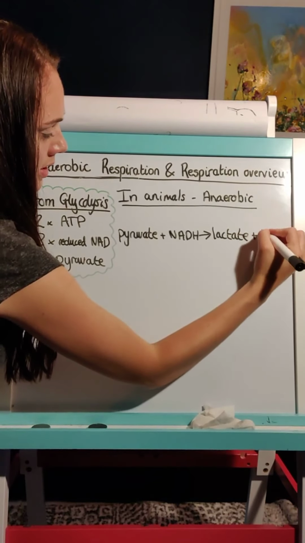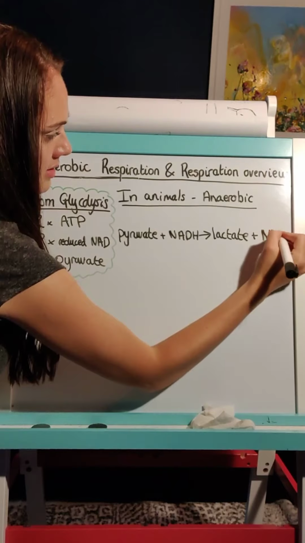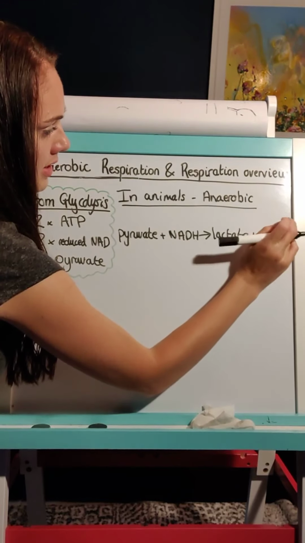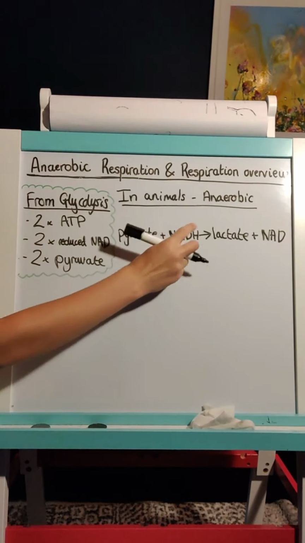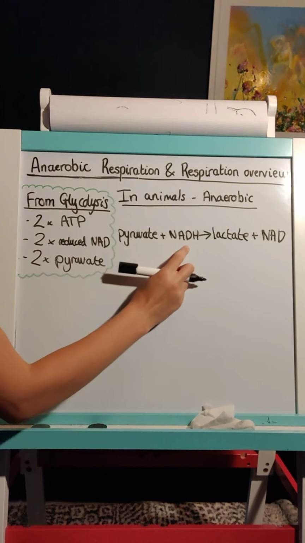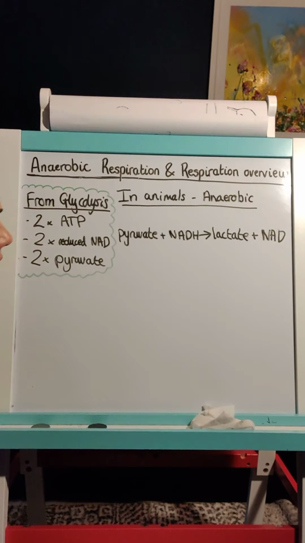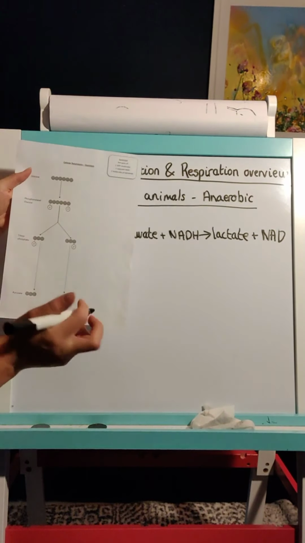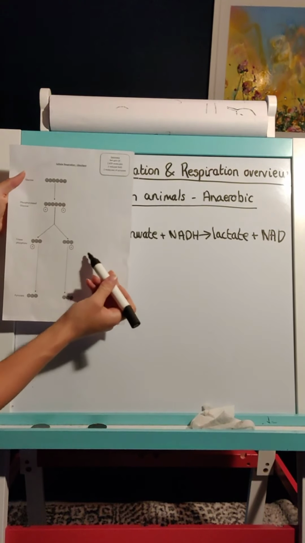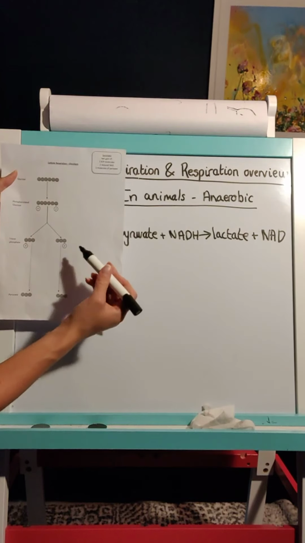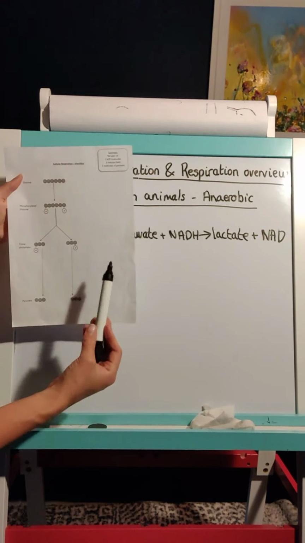And now, the main reason for doing this is that we get that NADH, that reduced NAD, oxidized, and we get NAD. And that allows the glycolysis to take place because we just need the NAD to come back in here to be reduced again. Because it's not just about reducing that NAD.